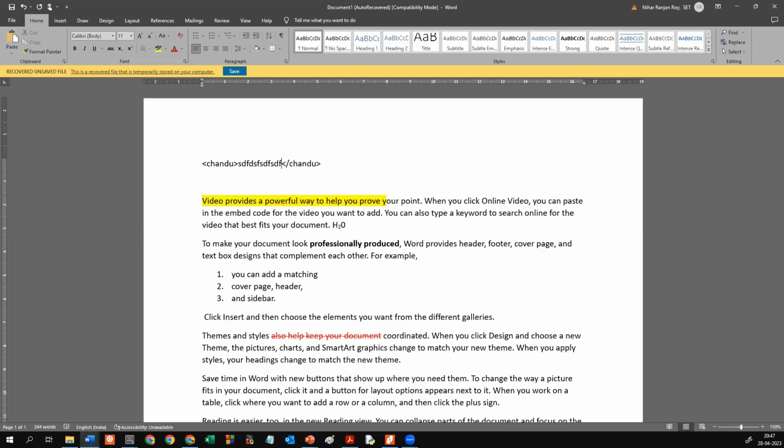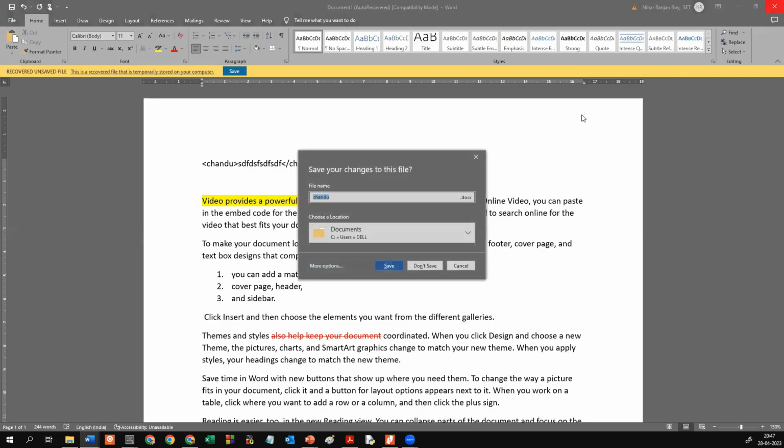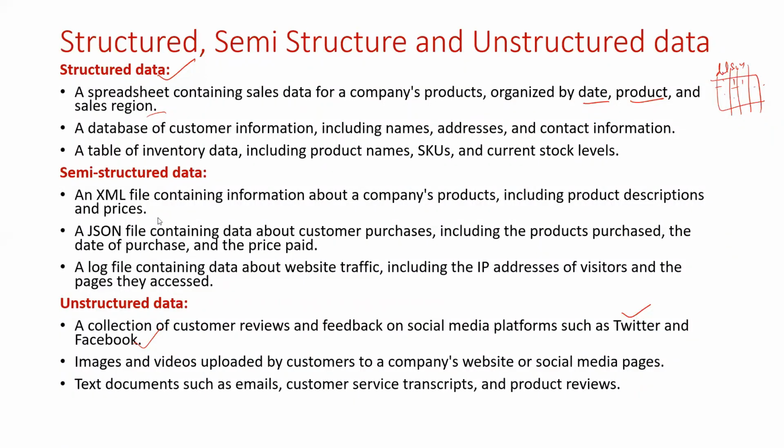Yes, sir. Right. So you see, through XML also we can create our tags and we can store data, but that is not very structured, because the tags could be user defined, right? So we call that semi-structured. A little bit of information about the structure of the data is required.